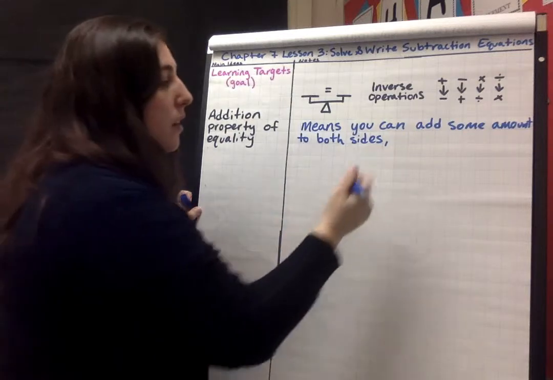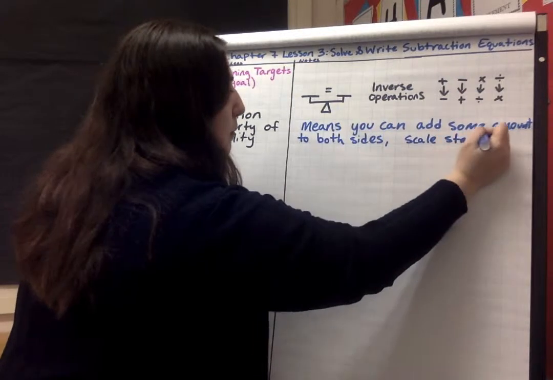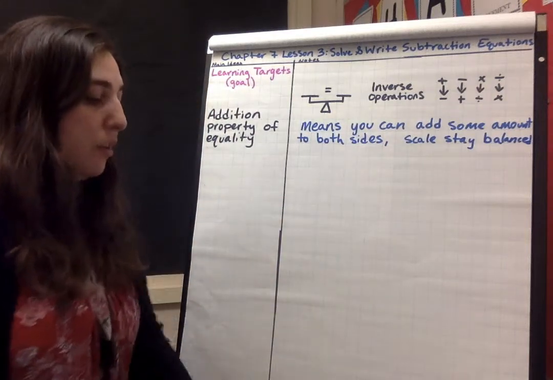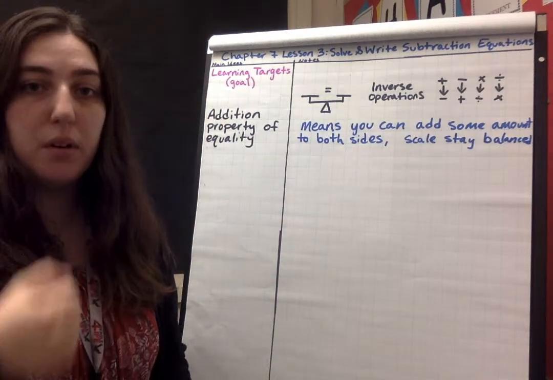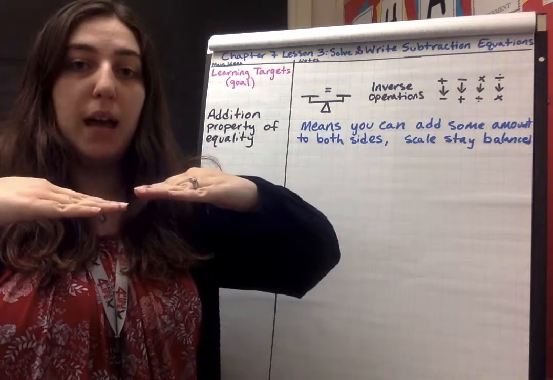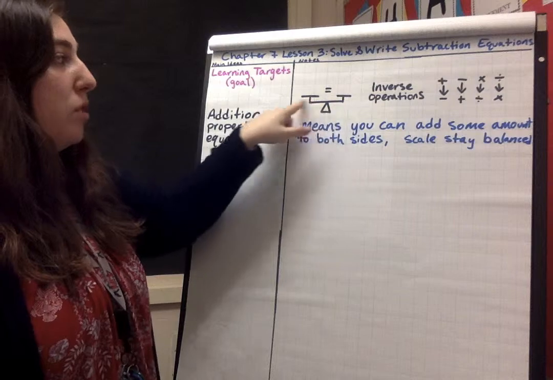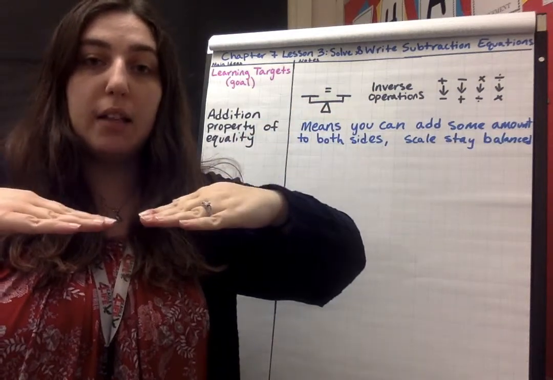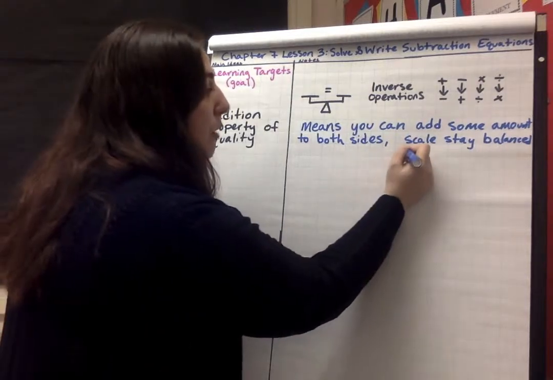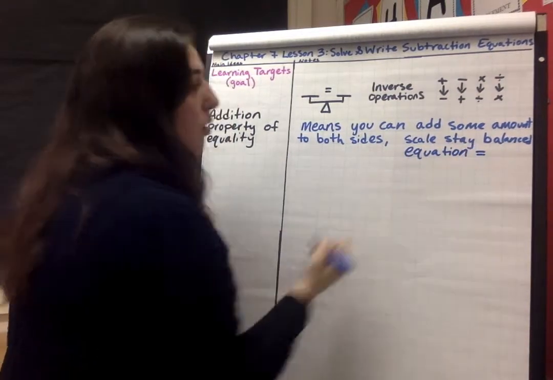And if we do that, then the scale will stay balanced. Okay, remember we talked a little bit about that yesterday with the subtraction property of equality. If we take something away from both sides, it's going to be balanced. So the addition property of equality means we can add the same amount to both sides and it's going to stay balanced. In terms of a mathematical equation, our equation is going to stay equal, okay?